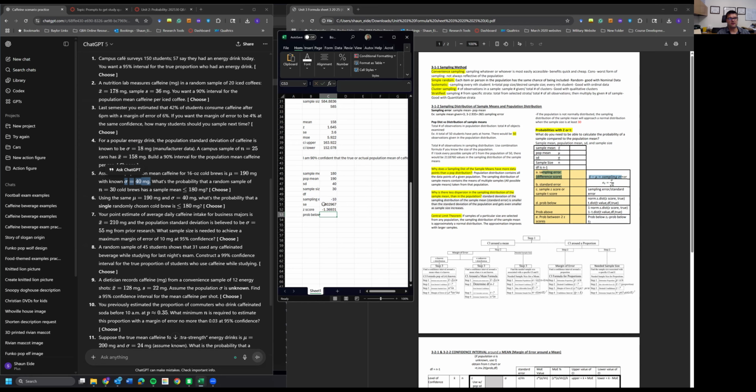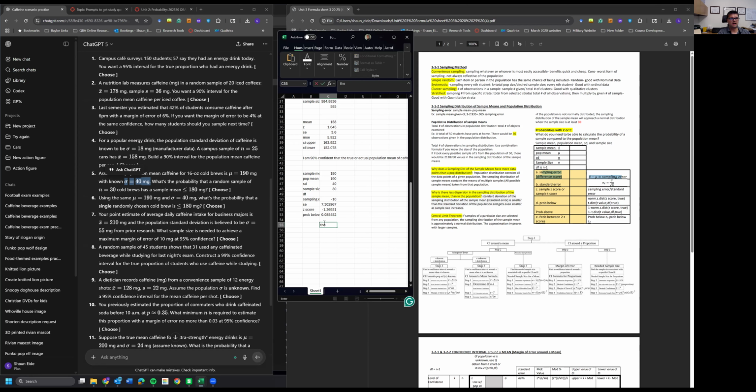Okay, and then how do you get the probability below? Equals NORM.S.DIST, and then I'm going to put the z-score, and you always put TRUE. So what is the probability of getting a value below this z-score?